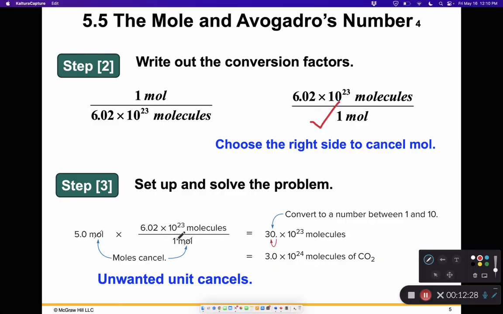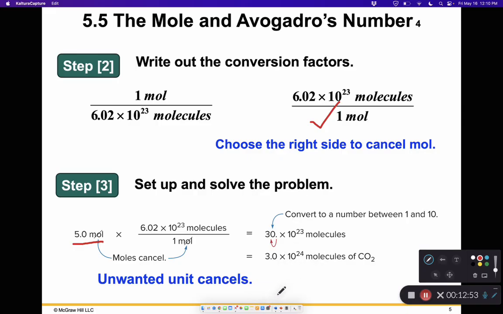I start with 5 moles and multiply by the conversion factor. So moles and moles cancel out. Now 5 times 6.02 times 10 to the power 23, I get 3 times 10 to the power 24 molecules of CO2.